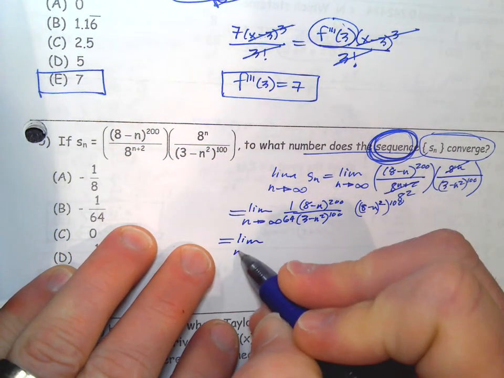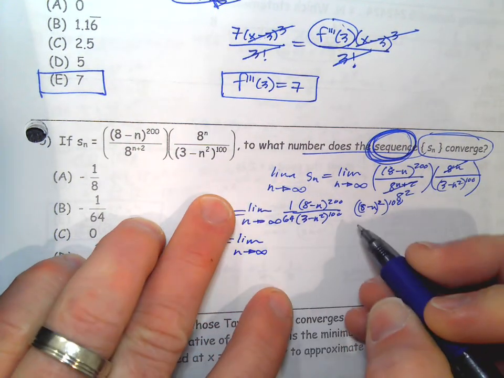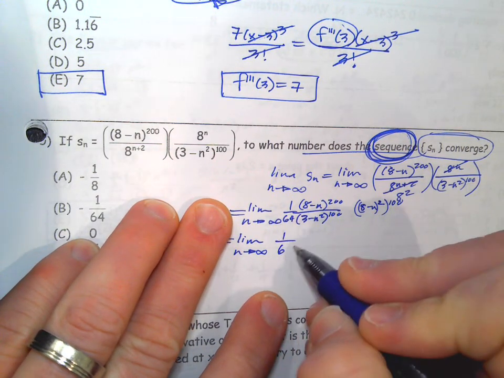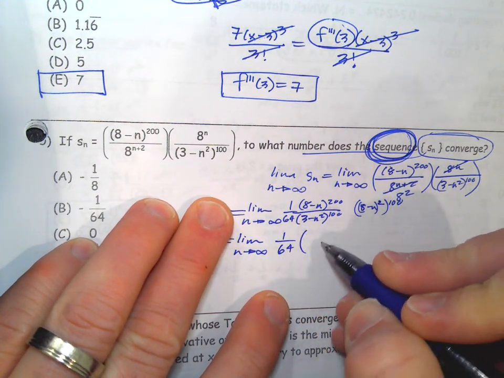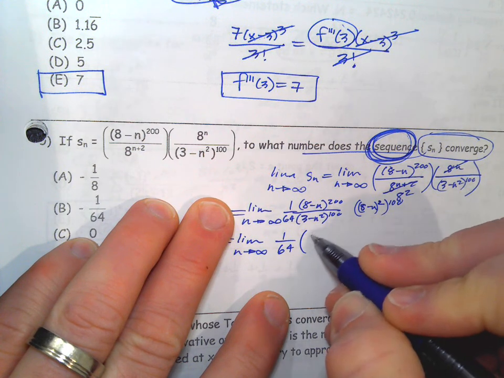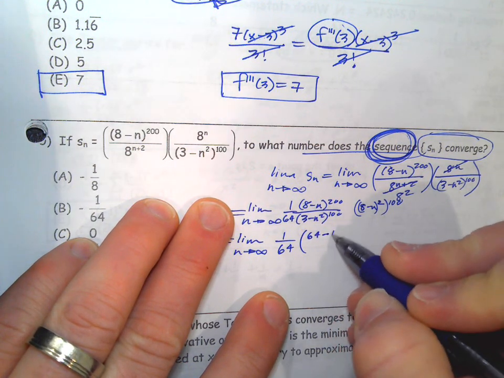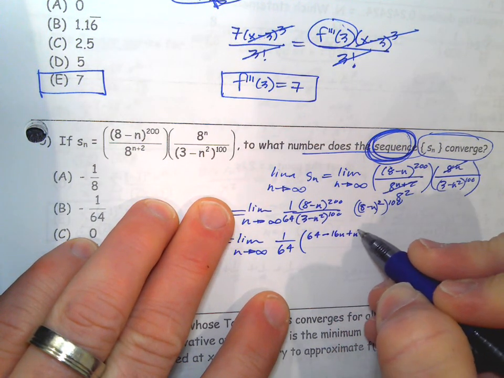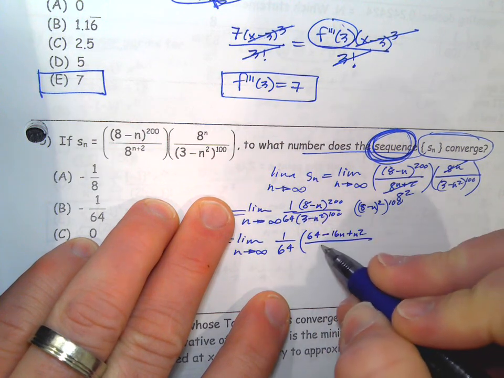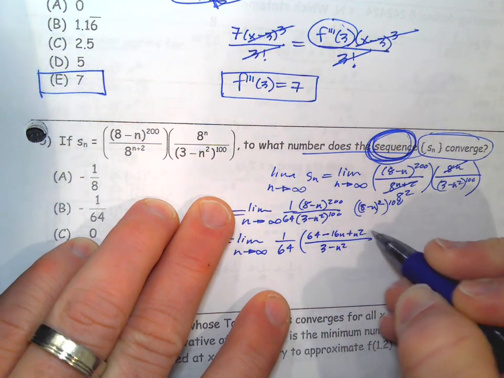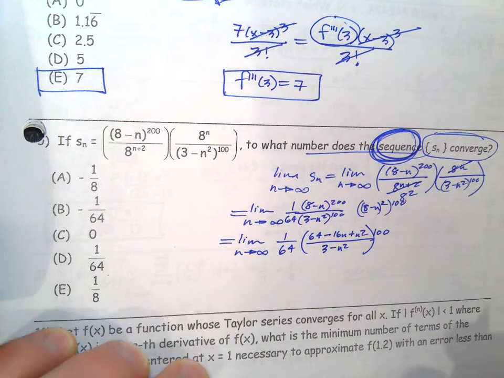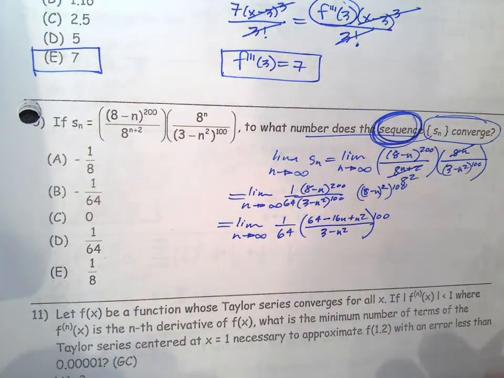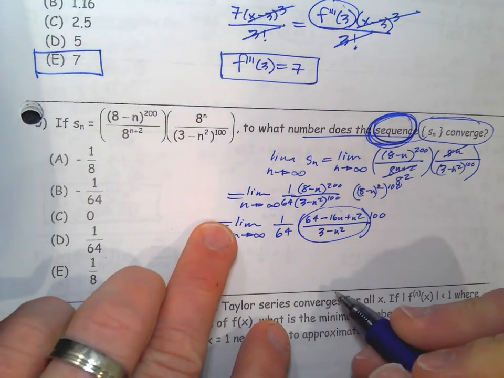So I'm doing a lot of algebra right now. If I do that, then I could go ahead and FOIL that. That's going to be 64 minus 16n plus n squared over 3 minus n squared. Now it's all to the 100th power. I think that's going to be a little easier to work with, because now I can take the limit of what's inside.